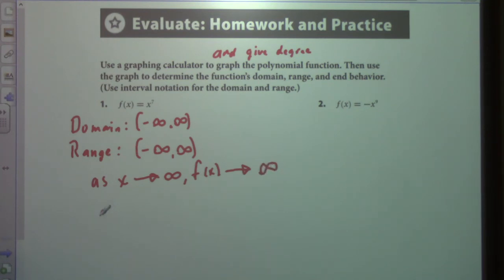And then as x approaches negative infinity, f of x approaches negative infinity. So we are starting where? Low, ending high. Okay, what degree of function is this? Degree 2? What power is this? It's a 7. Oh, I can't see that part. I'm sorry.